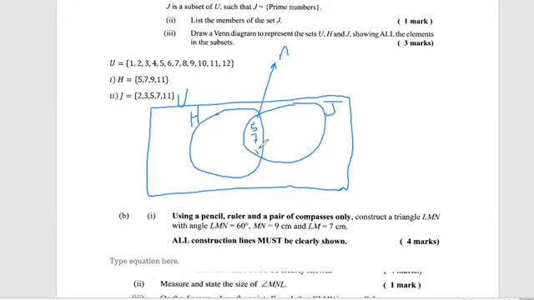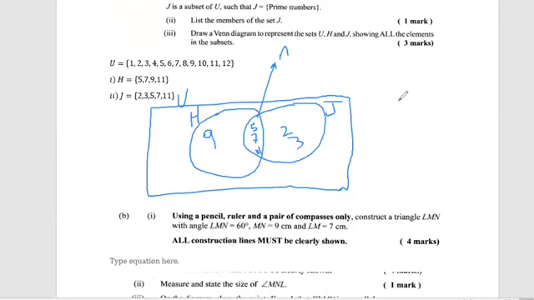So in that case, what would go in H only? 9. And what would go in J only? 2, 3. And what would I do with my remaining numbers? Put them outside.